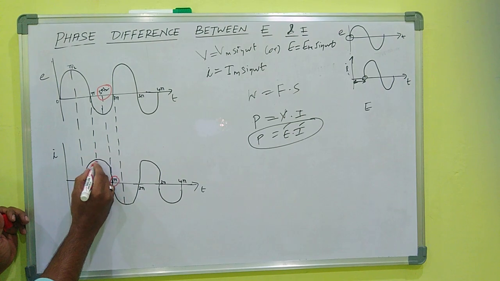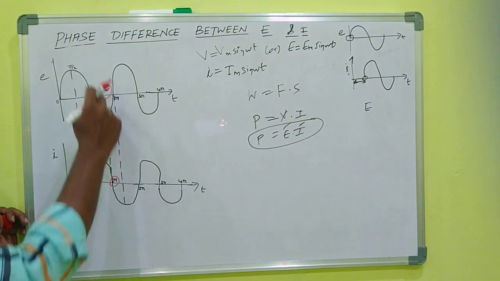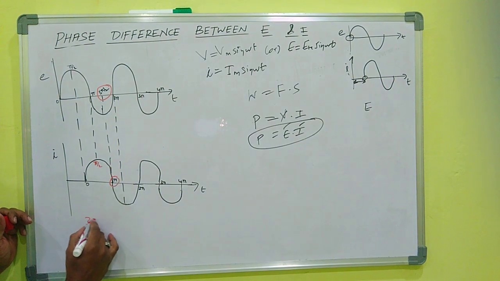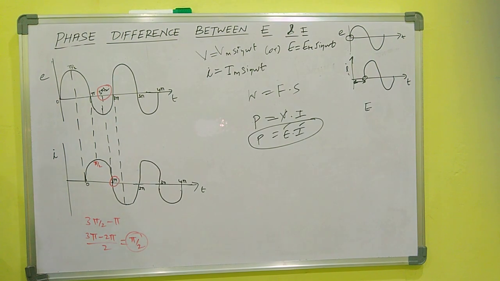This is 0, then this is pi by 2, so this is pi. What is the phase difference between these two points? 3 pi by 2 minus pi, how much? 5 pi by 2 minus 2 pi, that is pi by 2. So here also the phase difference is pi by 2.